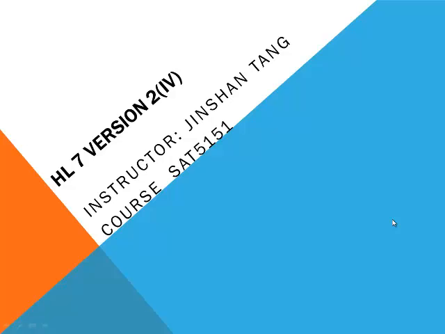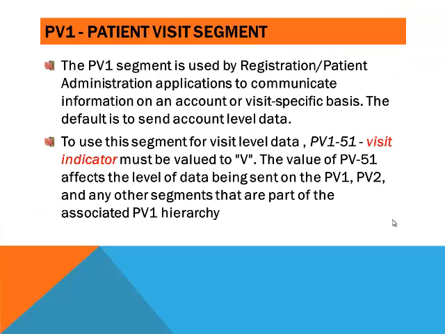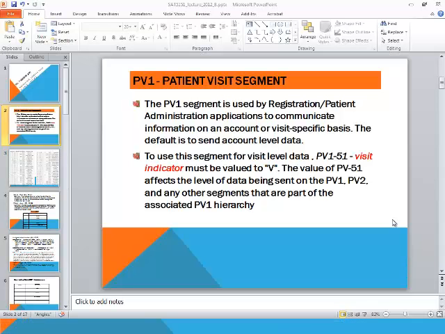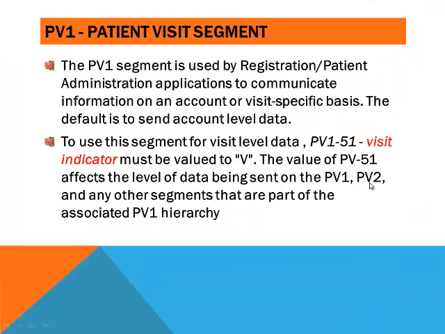Okay, today we continue to try to finish the Lecture 8 AO7 version 2. We already talked about some segments. Today we continue to talk about another segment which is often used in messages.